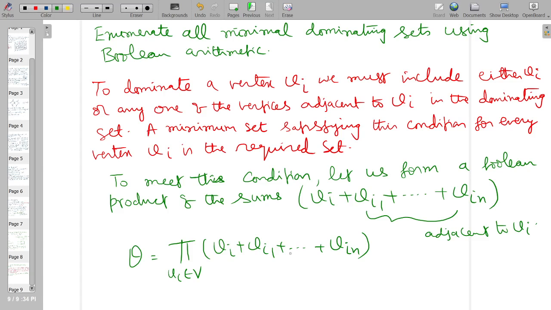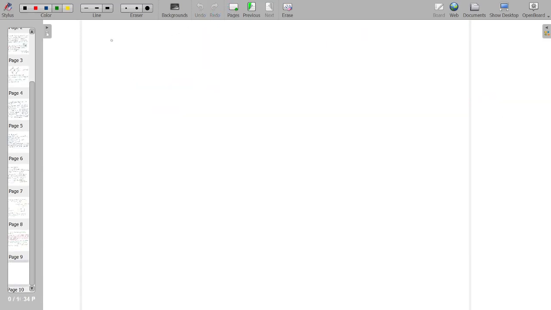So how do you do this? In this case I have written the Boolean expression. What should we do to get a minimal dominating set?